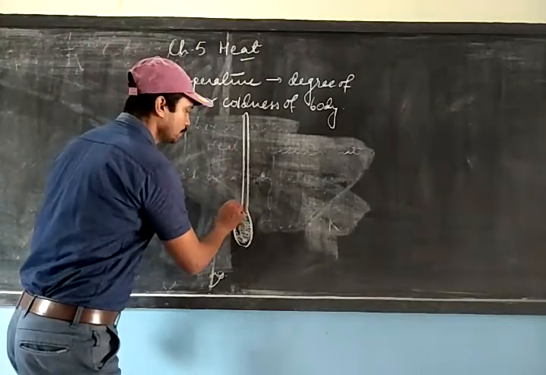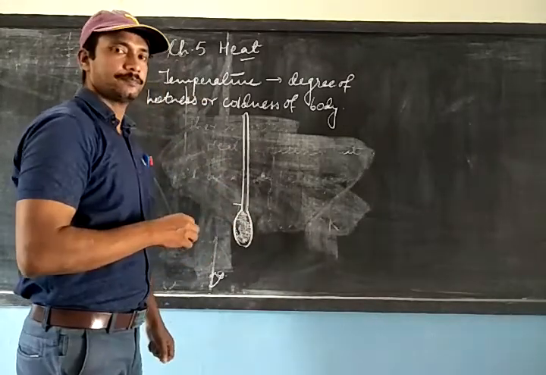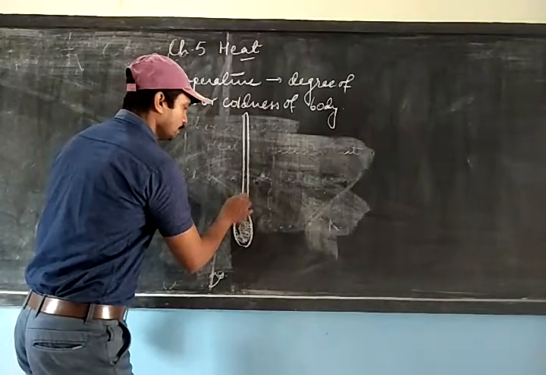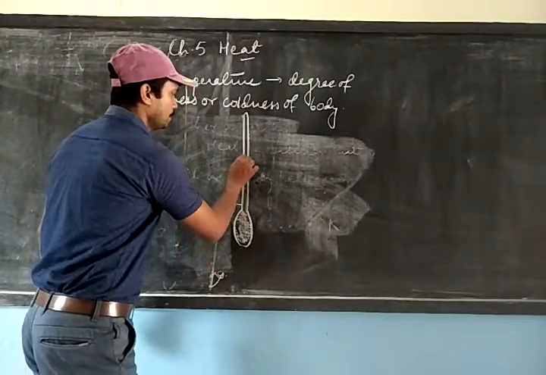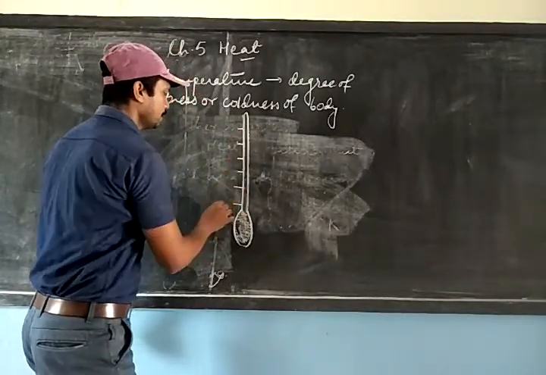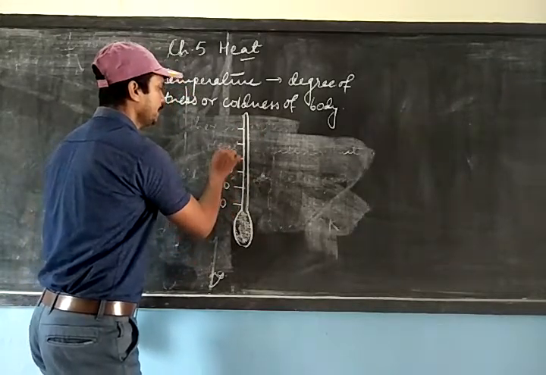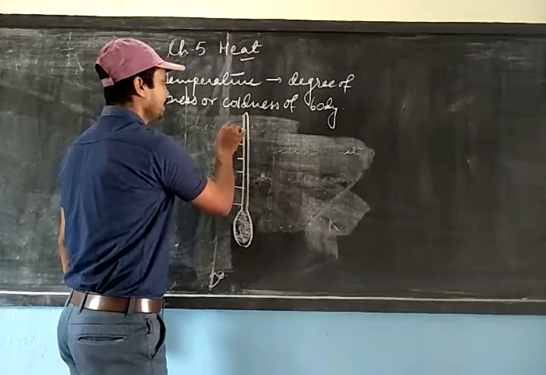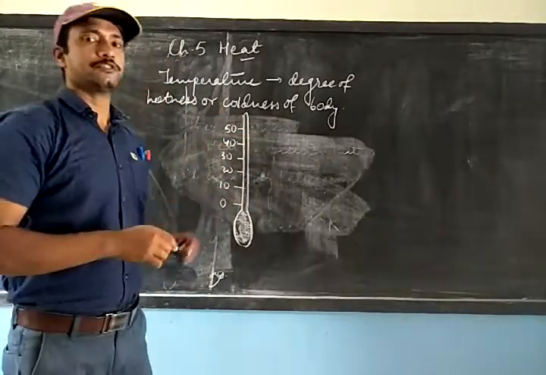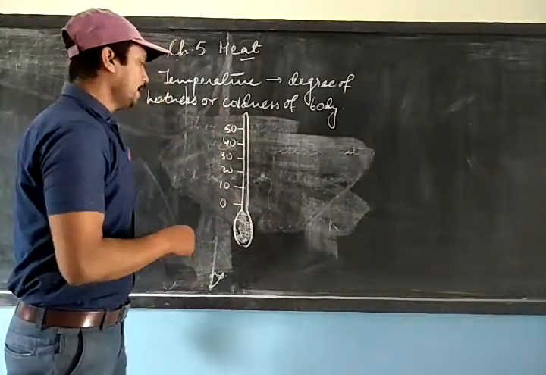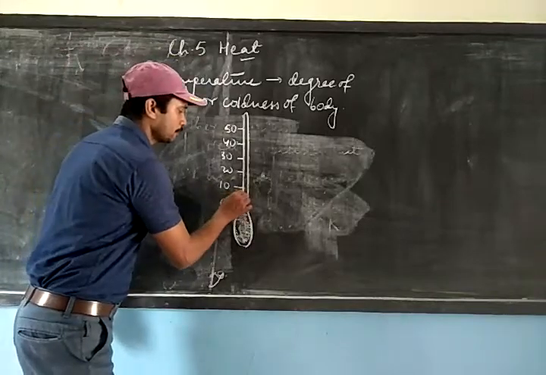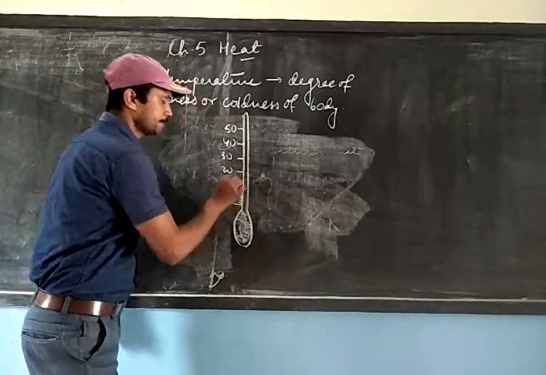This has some divisions, like 0, 10, 20, 30, 40, 50 degrees Celsius and so on. Each bigger division has 10 small divisions in it.